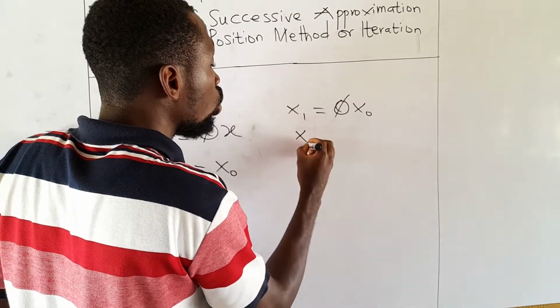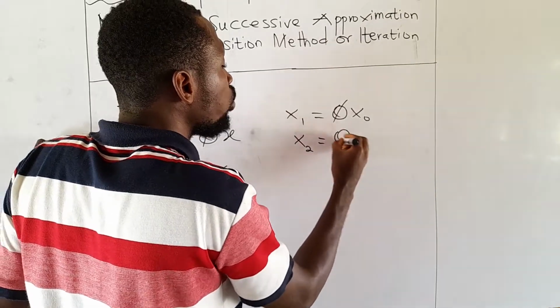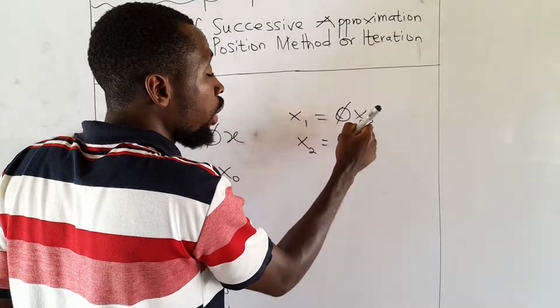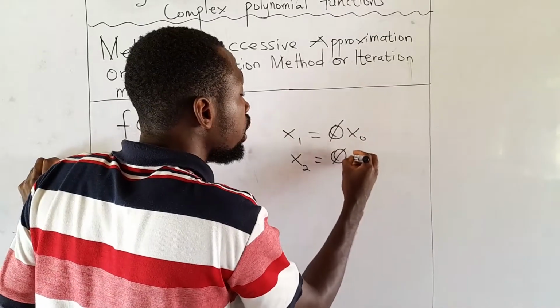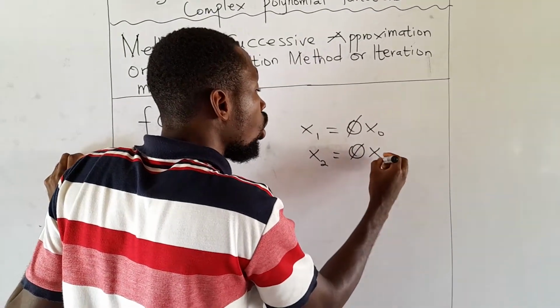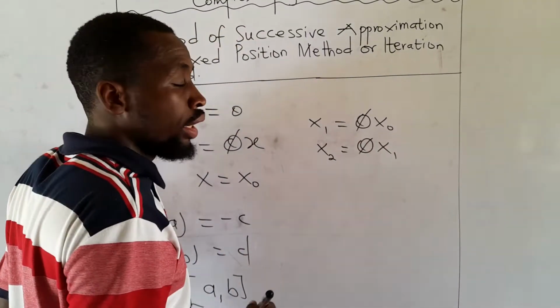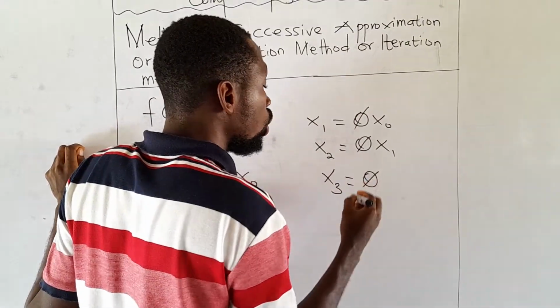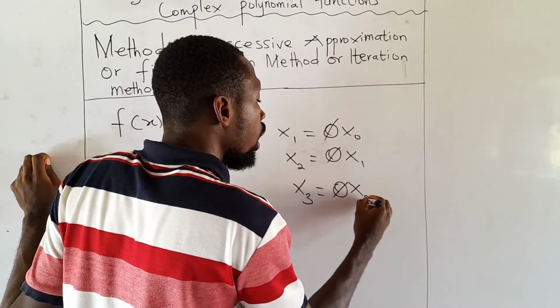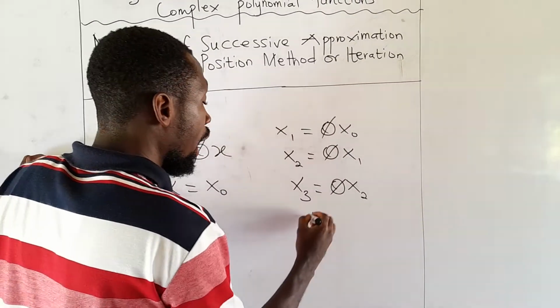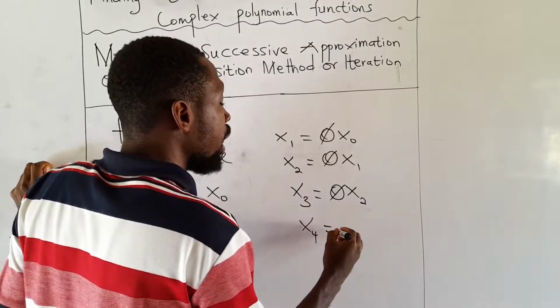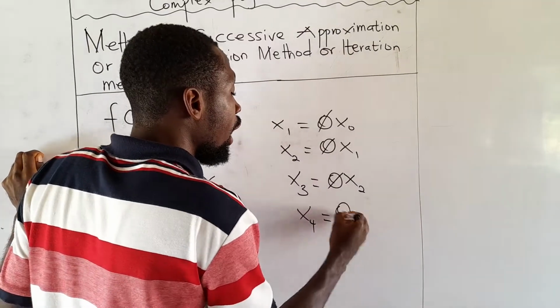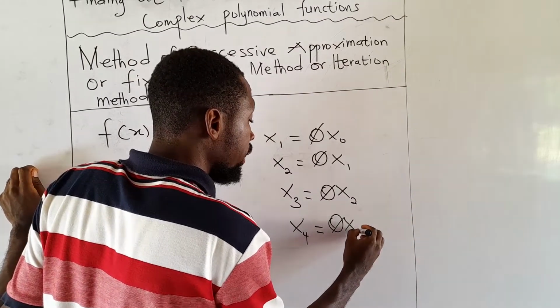Now our x2 will be substituting x1 in place of x. Our x3 will be the substitution of x2 in place of x. And our x4 will be the substitution of x3 in place of x.